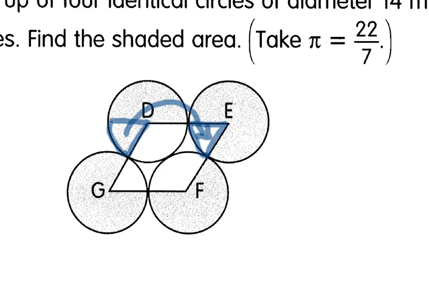I'm going to use another color. I'm going to cut and paste here to here. I will also get another 1.5 circle. Am I right? So altogether, how many circles do I have? 3 circles, right? And I want to find the shaded area. That means I'm finding the total area of 3 circles.